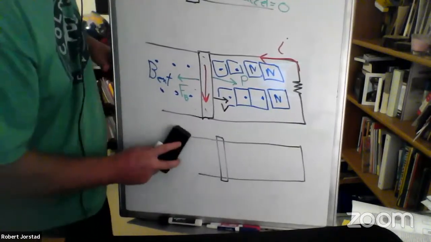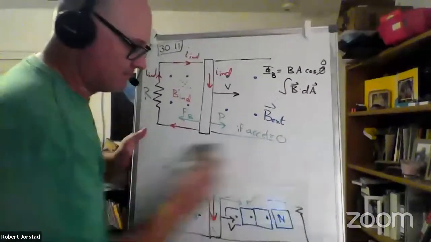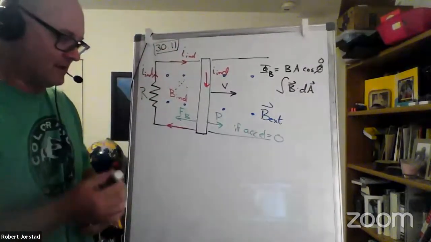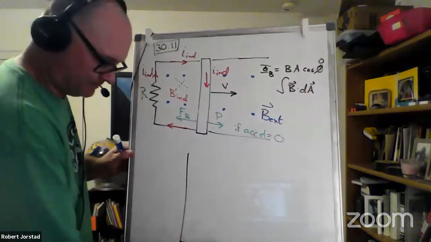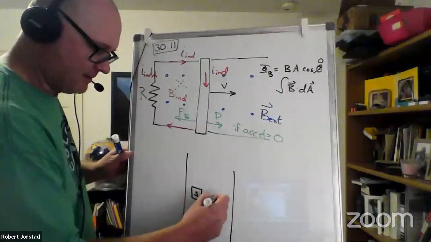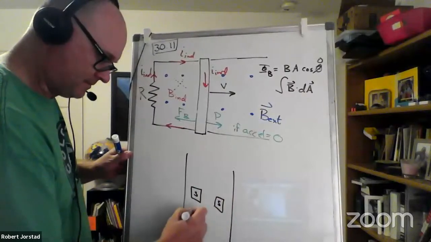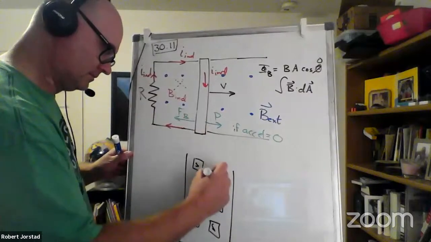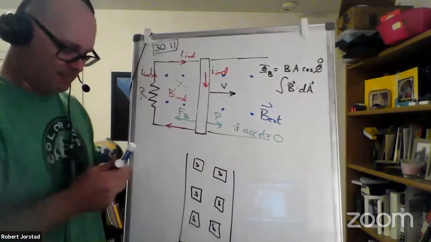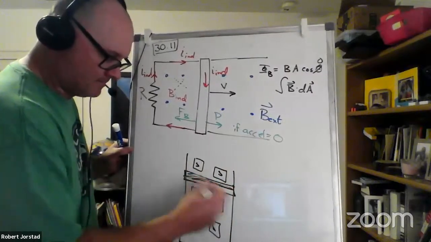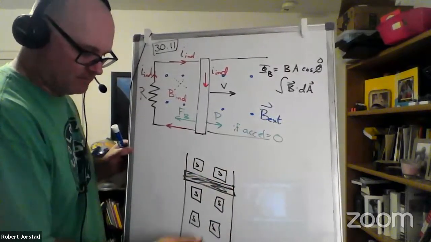Let me try another what if, okay? What if I flipped all the magnets so that I flipped the north-south? Let's say I put a bunch of South Poles here, and I put the rod this way, and there's a resistance here.